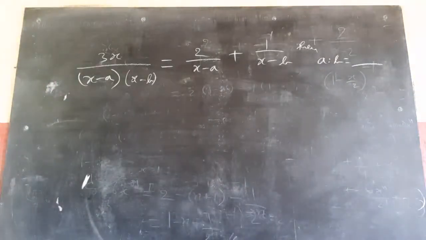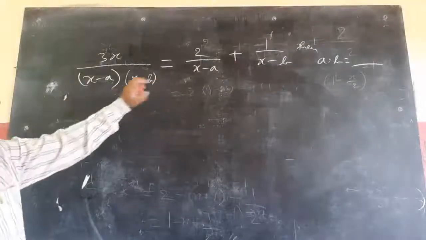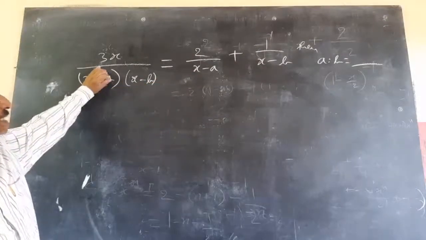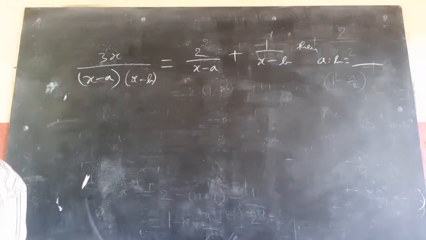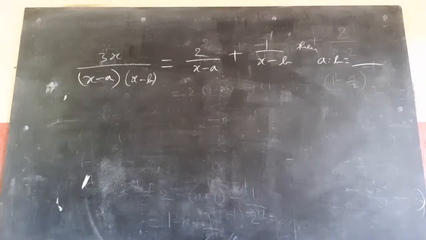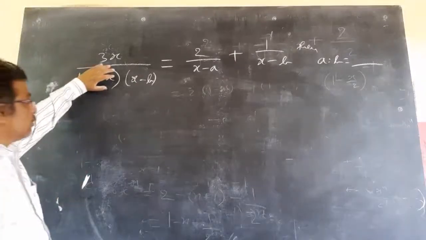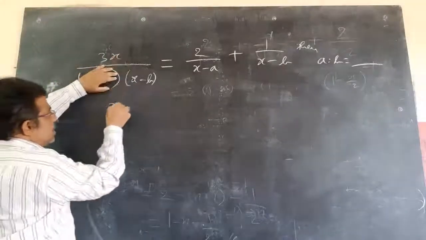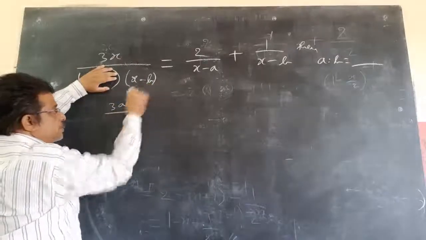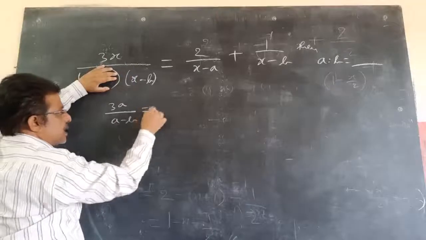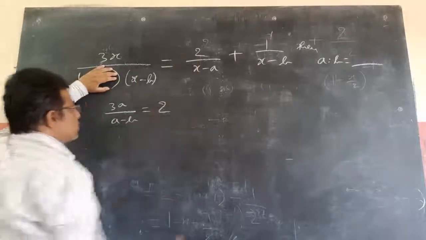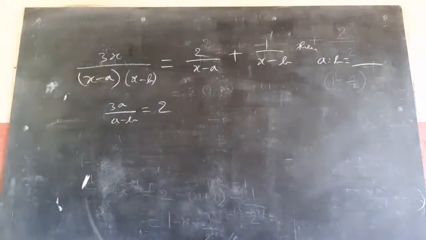To find a value, I am closing this factor and making it equal to the value we gave, which is 2. If I close this and substitute x equal to a in the remaining part, 3a by (a minus b) is giving me 2.